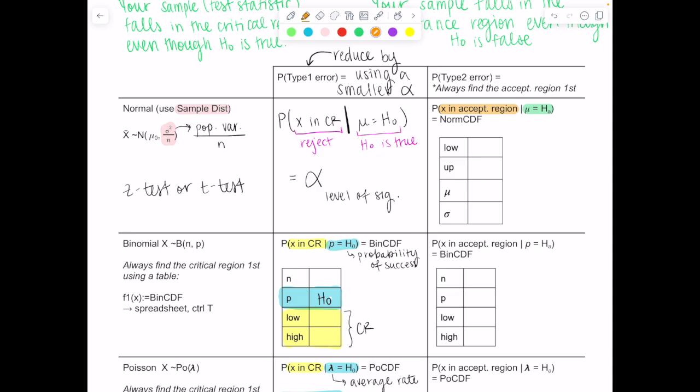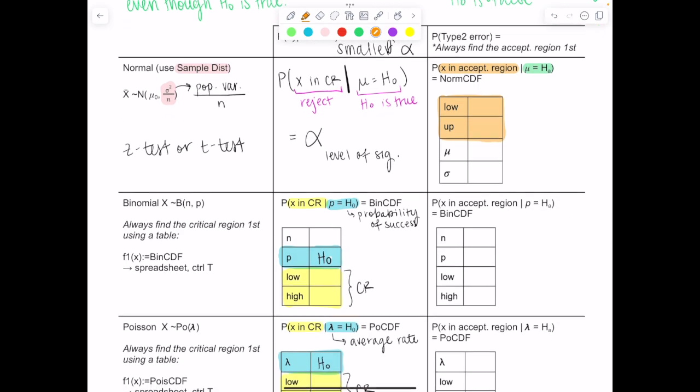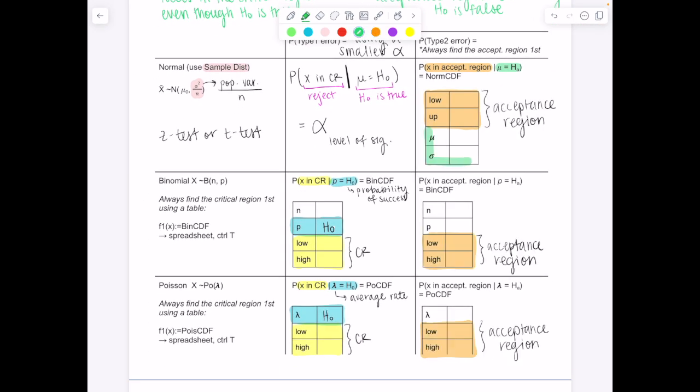So for all these distributions, for normal, binomial, and Poisson, you're doing a CDF to calculate this probability. So your boundaries will now come from your acceptance region rather than your critical region. And then your mean and standard deviation for a normal, your probability of success for a binomial, and your average rate for a Poisson all come from your alternate hypothesis.